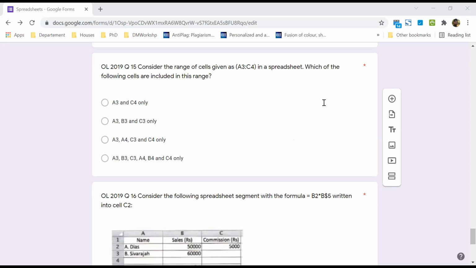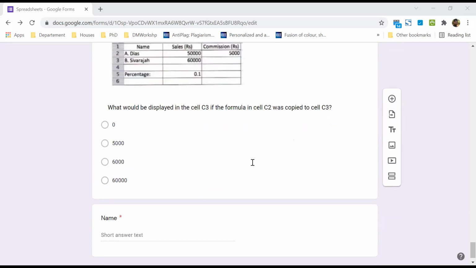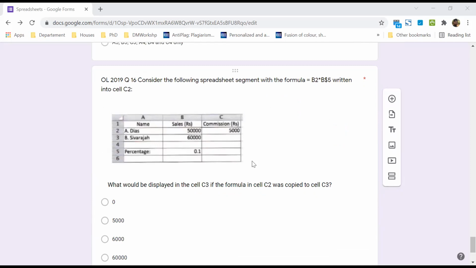Okay. Next one. So this was actually a bit difficult for many of you, right? So let's see the answer. Not that I think this is difficult. I think it is because of the percentage value, I guess, right?